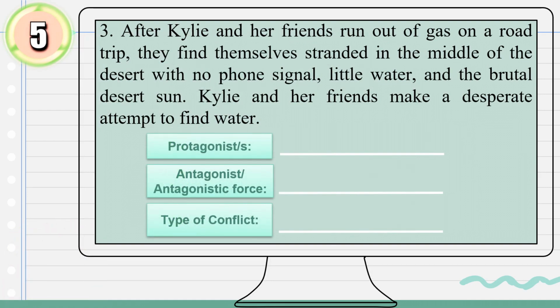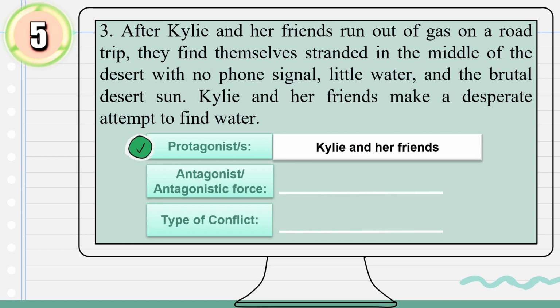Number 3. After Kylie and her friends run out of gas on a road trip, they find themselves stranded in the middle of the desert with no phone signal, little water, and brutal desert sun. Kylie and her friends make a desperate attempt to find water. Who is the protagonist and what is the antagonistic force? The protagonists are Kylie and her friends.